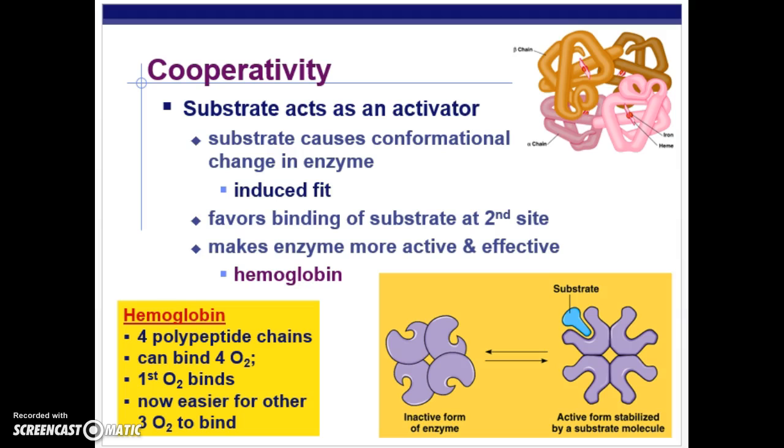So when the first oxygen molecule binds to one of the active sites, it acts as a cooperative substrate because it then sets the entire hemoglobin molecule into a conformational form that allows easy binding for other oxygens to the other 3 sites. So in this case, oxygen is a substrate acting as an activator.